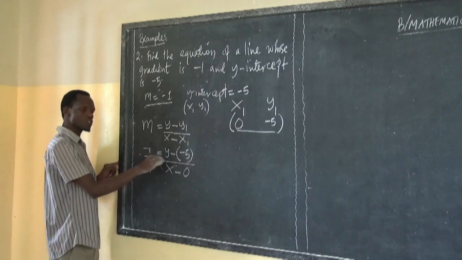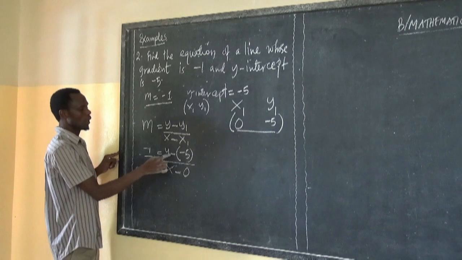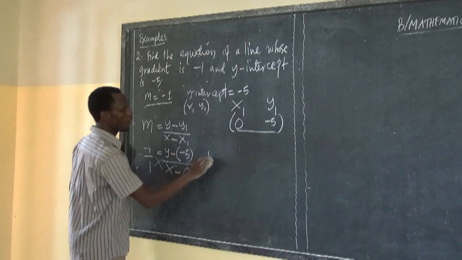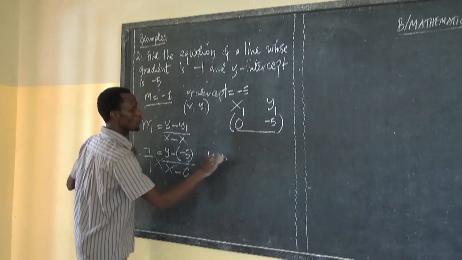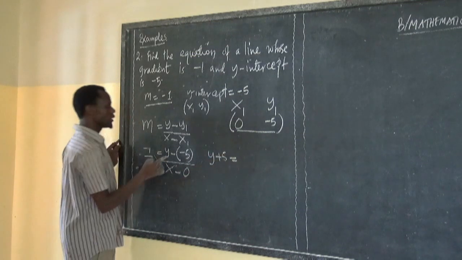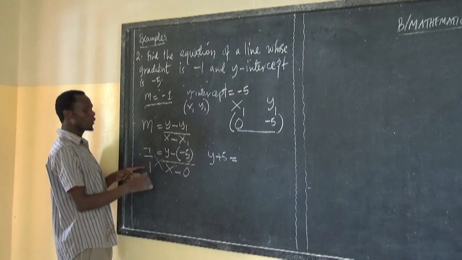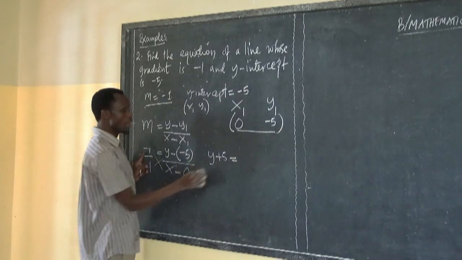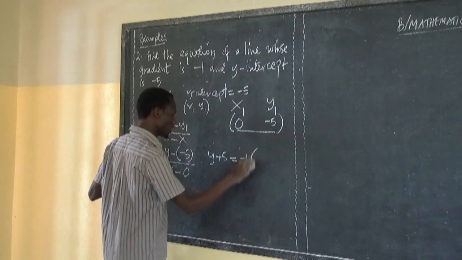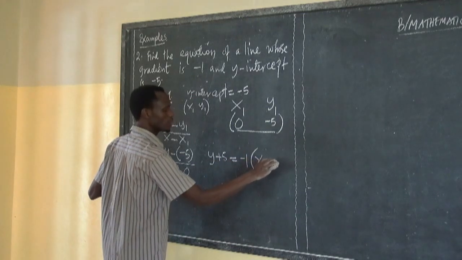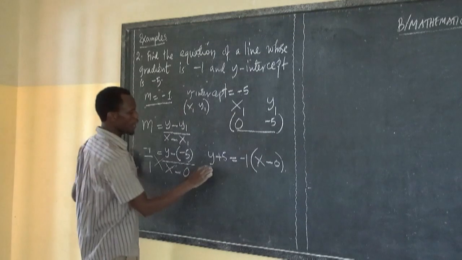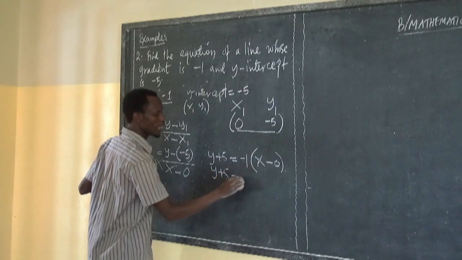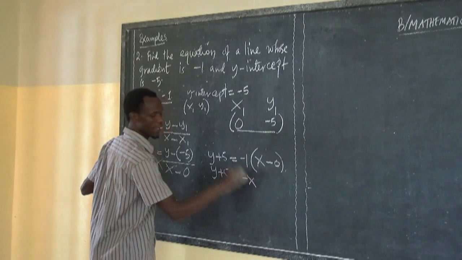So as we can cross multiply. Now definitely negative times negative is what? Positive. Now we have y plus 5 is equal now. It is nothing because if now we multiply by 1, it remains as it is. Is equal now to negative 1 in bracket x minus what? Minus 0.